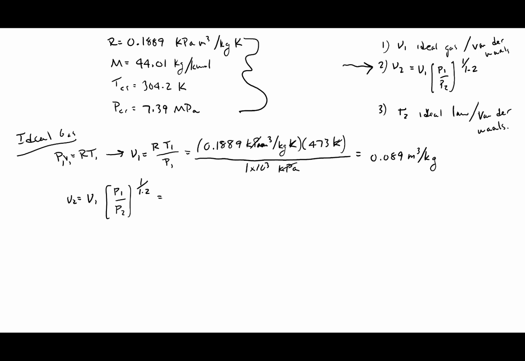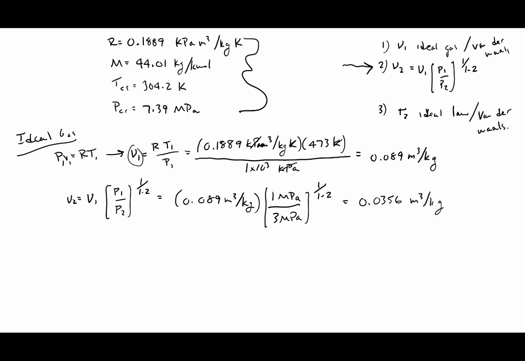We calculated V1 up here, so this is equal to 0.089 meters cubed per kilogram multiplied by 1 megapascal over 3 megapascal, to the 1 over 1.2. So this works out to 0.0356 meters cubed per kilogram.